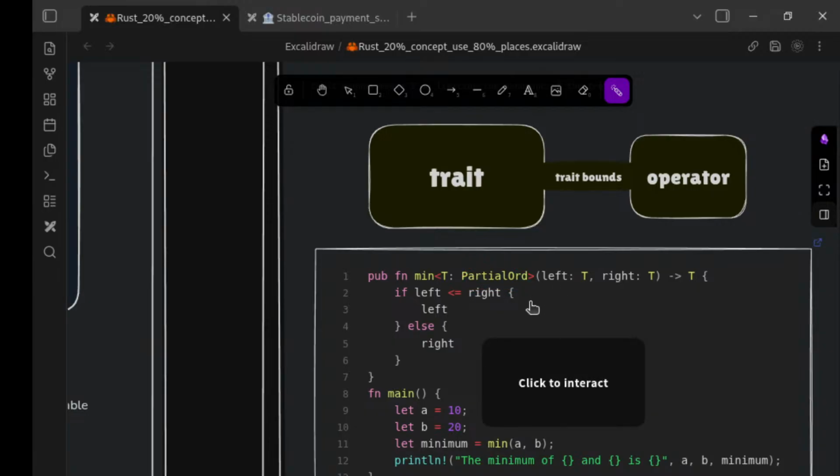After I explicitly say that, my Rust compiler understands that I am just comparing two similar types at a time. So this is the meaning of Rust trait bound.